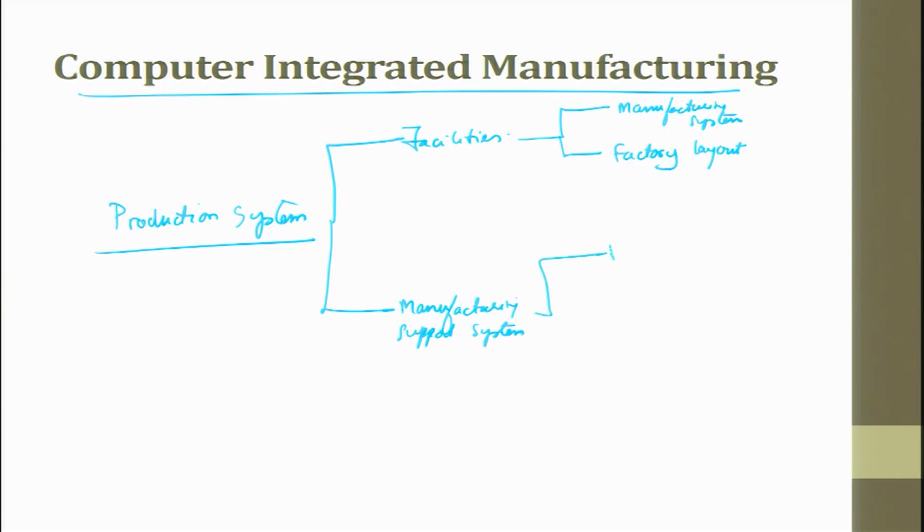Then the support system has product design, then manufacturing planning, then manufacturing control, and the last one is business function.